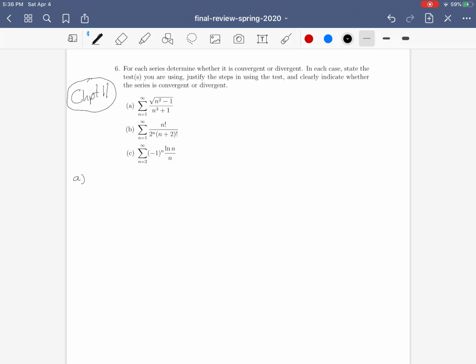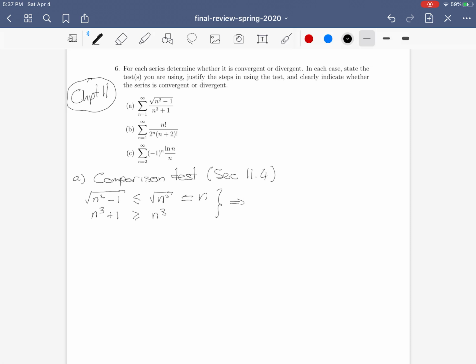For our first series, the general term of the series is square root of n squared minus 1 divided by n cubed plus 1. What I'm going to use here is the comparison test, which you saw in section 11.4. Notice that the square root of n squared minus 1 is less than or equal to the square root of n squared, which is equal to n, and that n cubed plus 1 is greater than or equal to n cubed.